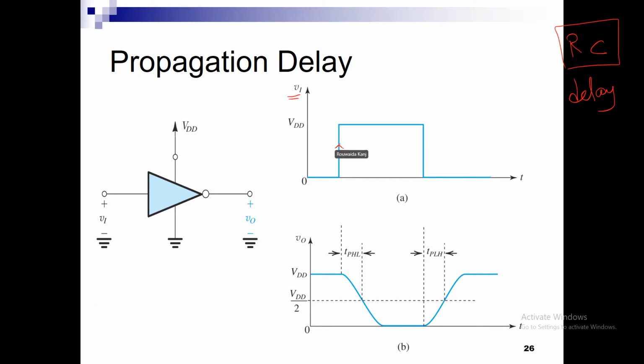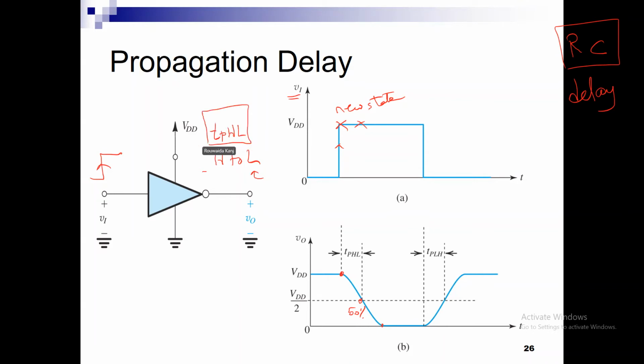So the input has already assumed its new state, and we measure the delay as the time it takes the output to switch to its not steady state but 50% value. So if my input is going up high, then I expect the output to go from high to low, because the steady state should be low, but it is going to go from high to low, and I'm going to measure what we call TP high to low.